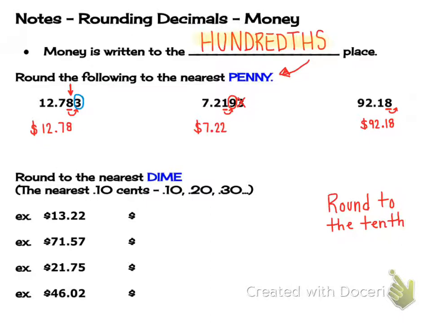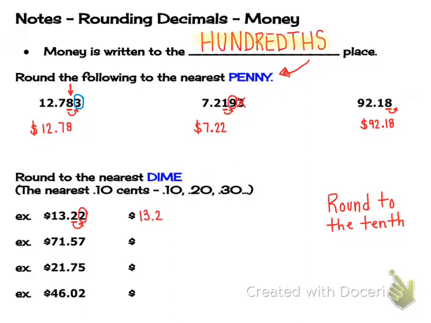Okay, so when I look at this first one, $13.22, and I want it rounded to the nearest dime, the 2 is in the tenths place, so I look at the number to the right of it, and that 2 to the right tells me that I'm rounding down, or essentially keeping the number the same. So it's $13. The 2 does not change, but you can't leave it 13.2.